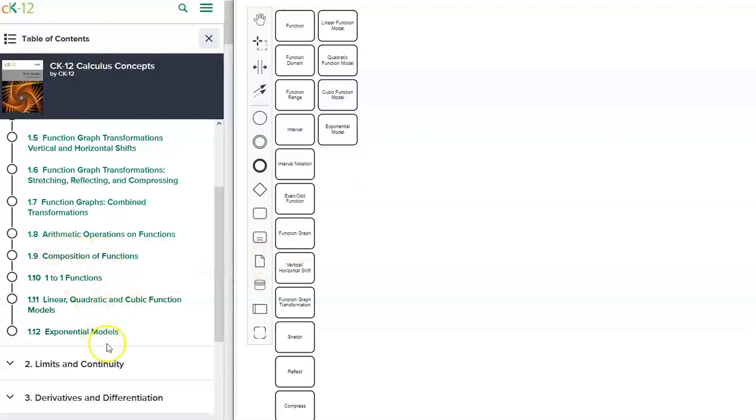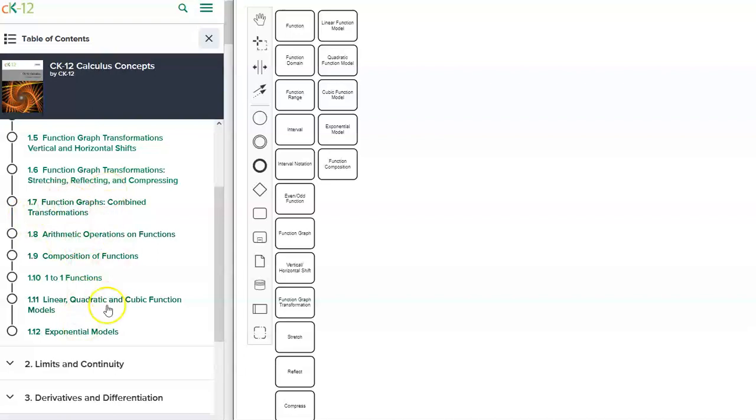Composition of functions. So we can simplify that and just say function composition. Arithmetic operations, we're going to skip that one because arithmetic is something that a lot of people have familiarity with.